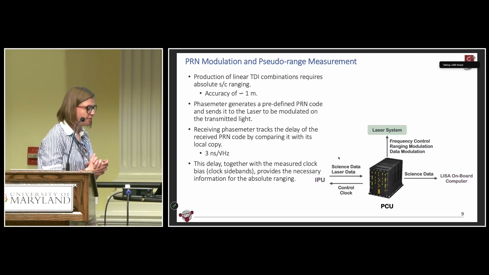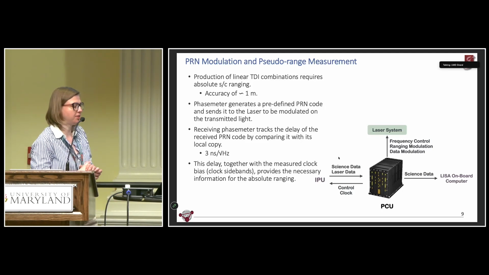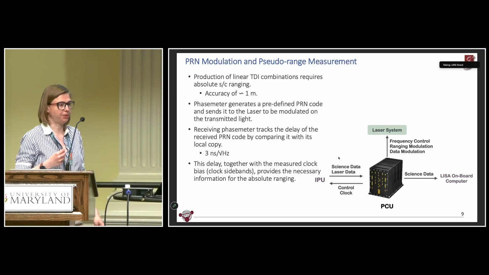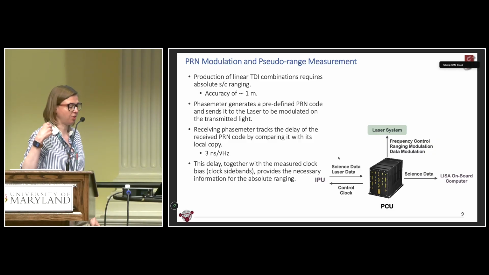And the third function is the pseudo-ranging, to support accurate knowledge of the distance between our spacecraft. The phase meter has to provide pseudo-ranging. It does that by generating a predefined pseudo-range code that is sent to the local laser.